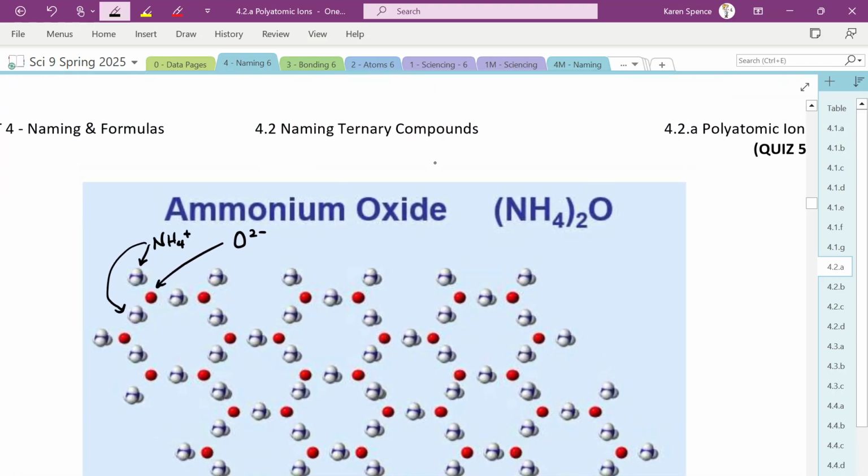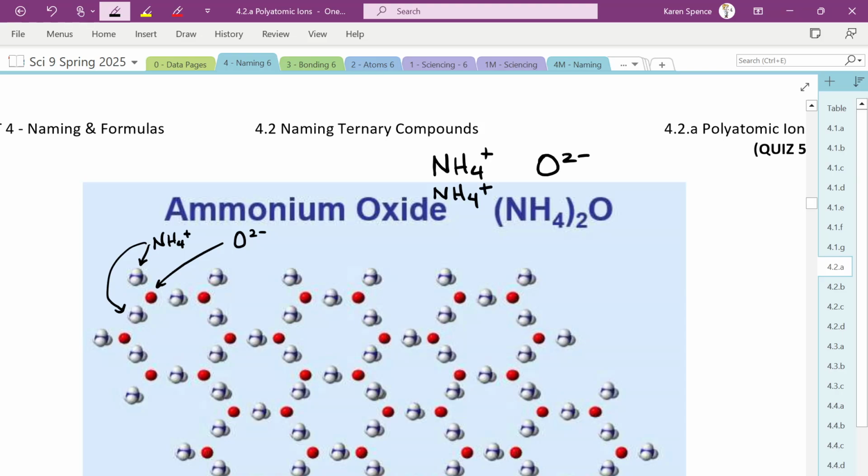That means if we have NH4 plus and we have O2 minus, do those equal out to 0? If I have +1 and -2, does that equal 0? No. So what we will do is we will add a second NH4.